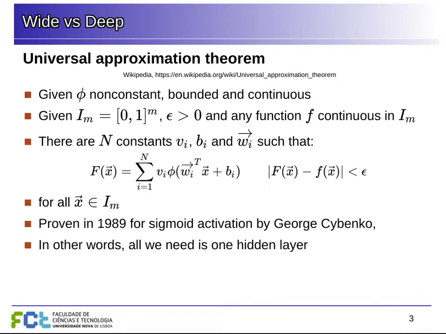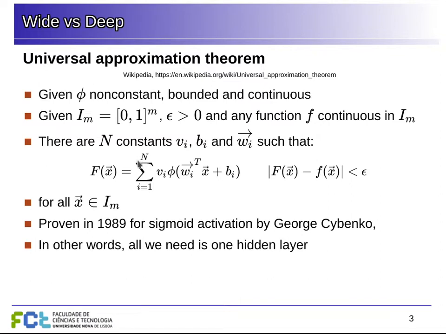Then if we have some region of some parameter space, without loss of generality, we can consider between 0 and 1 in all dimensions. So this would be an m-dimensional space for this m here.